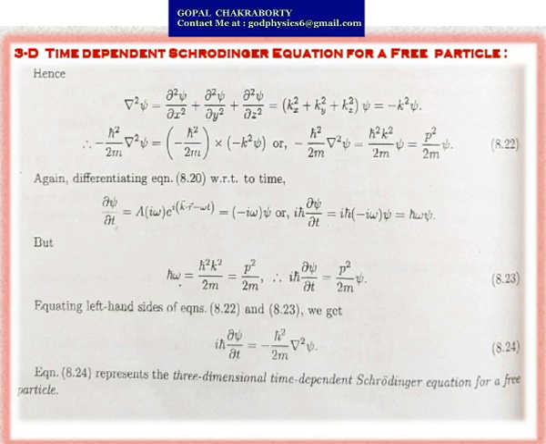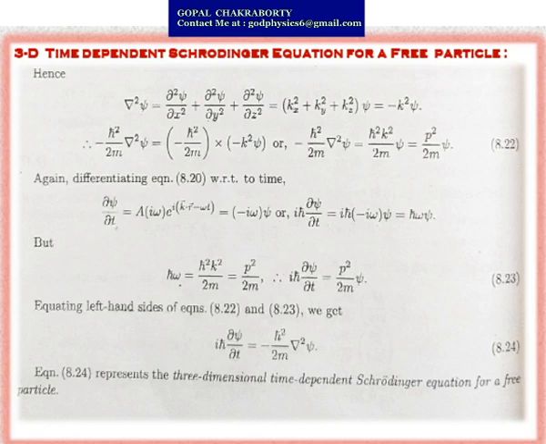If you multiply both sides by i h cut, you get i h cut del psi del t equals i h cut within brackets minus i omega into psi, that means h cut omega into psi. As you know, h cut omega equals p square by twice m, so i h cut del psi del t gives p square by twice m into psi.